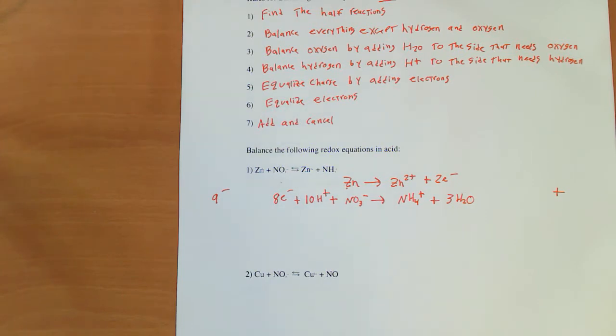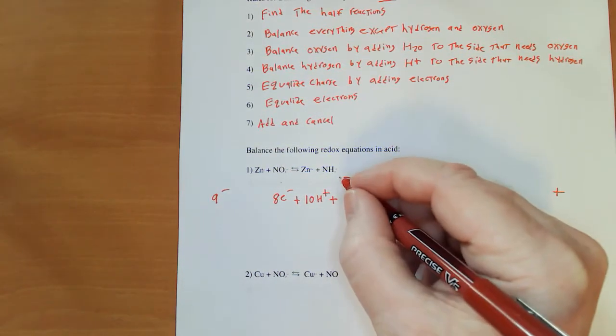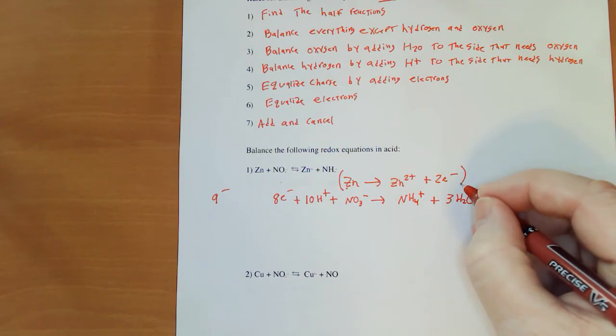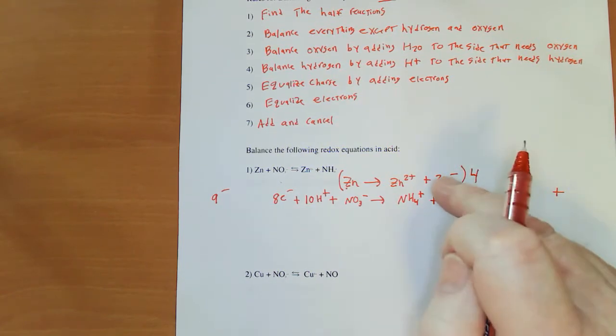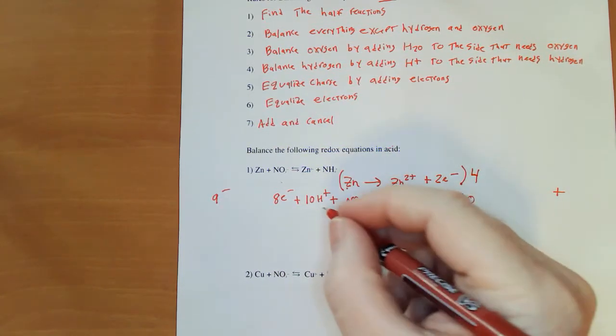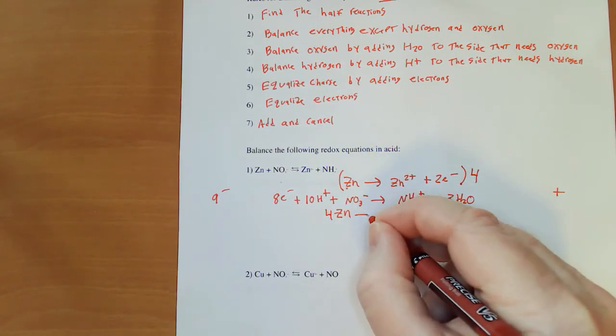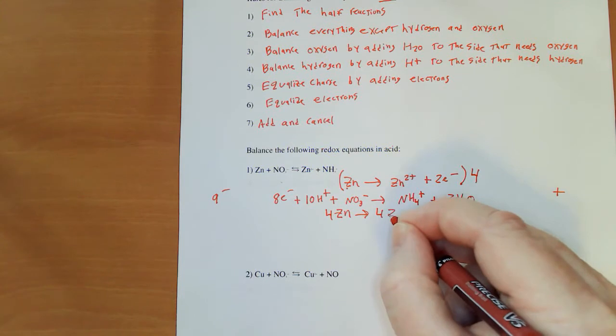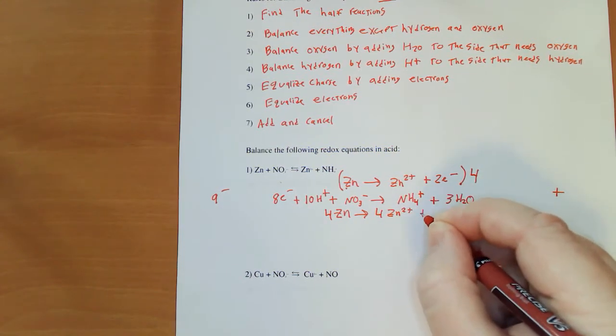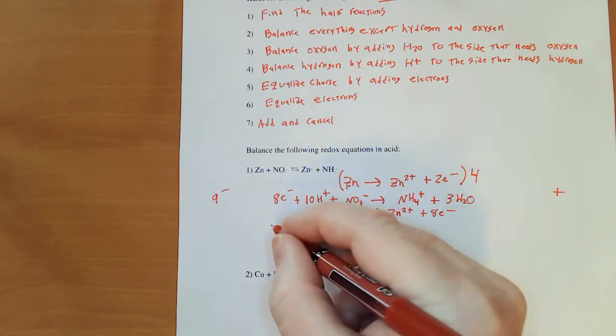Okay. Now I need to equalize electrons. I'm going to do that by multiplying this equation by 4, because 2 times 4 will give me 8 electrons. And I'll rewrite that down here. 4 zincs gives me 4 zinc 2 plus and 8 electrons.